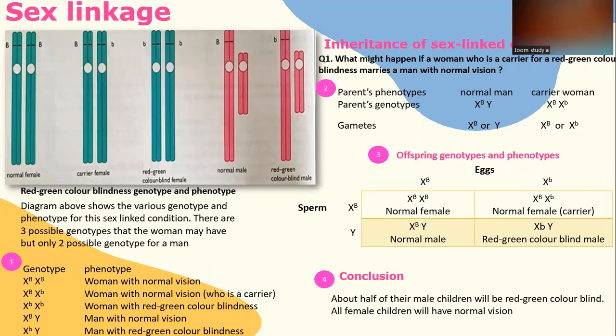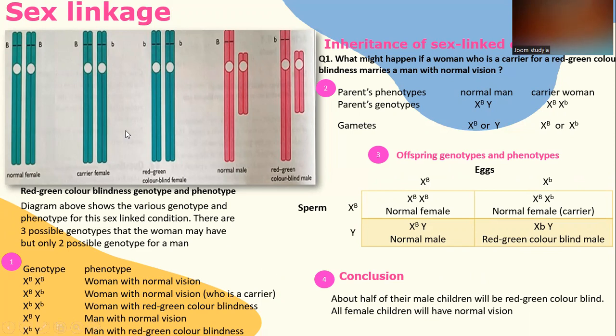Sex linkage. You can see from this diagram the red-green color blindness genotypes and phenotypes. The diagram shows the various genotypes and phenotypes for this sex-linked condition.